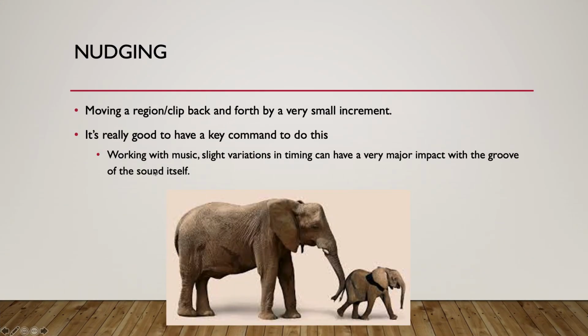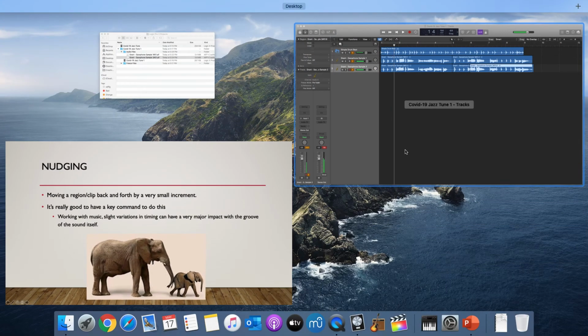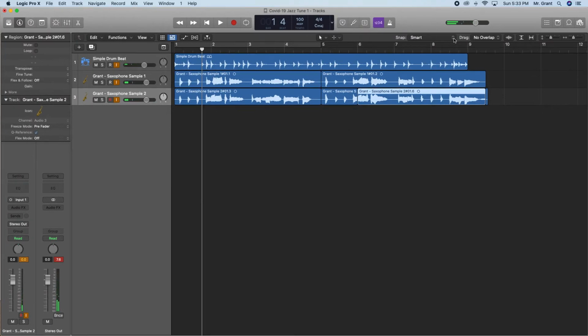Nudging. Now, a nudge, just as you can see here in the photo with the larger giraffe nudging the baby giraffe around, you can do the same thing here. If you simply want to move a section over, you can click that section that you want to nudge.